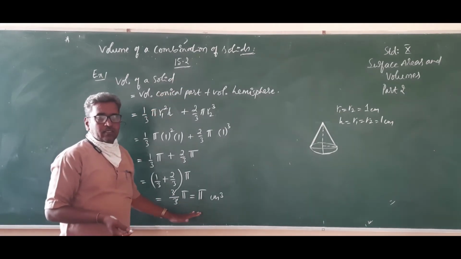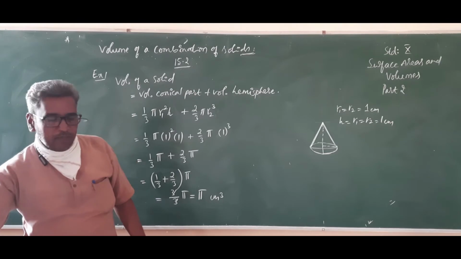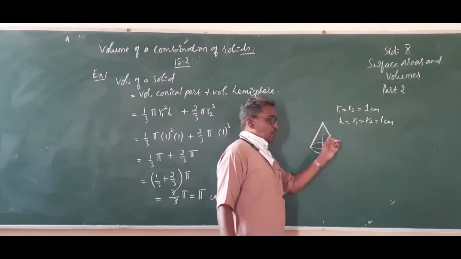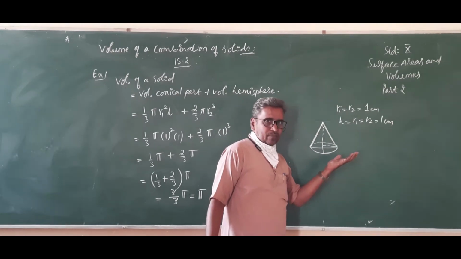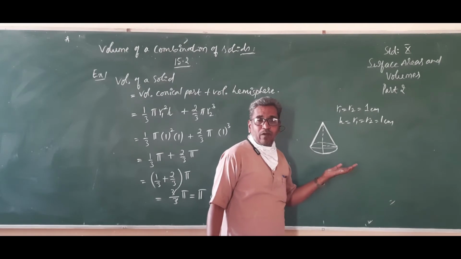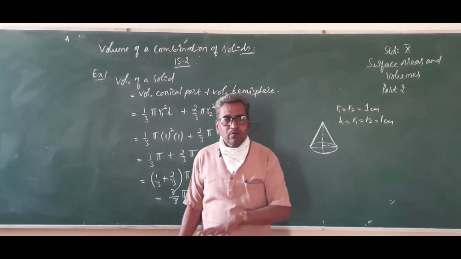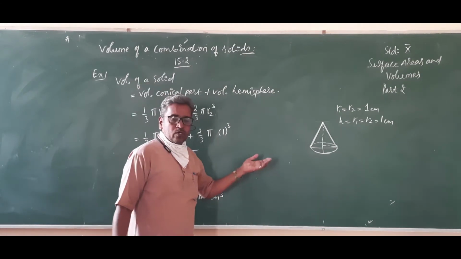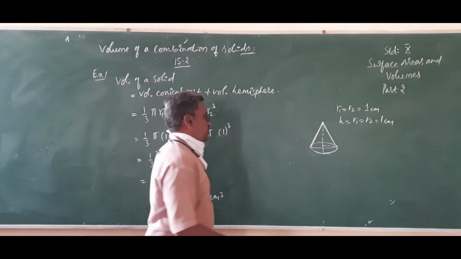Understood? If it is asking about surface area, we calculate only the curved surface areas of the cone and hemisphere. But at the time of volume, we have to calculate the volumes separately and then add them to get the volume of the total solid.